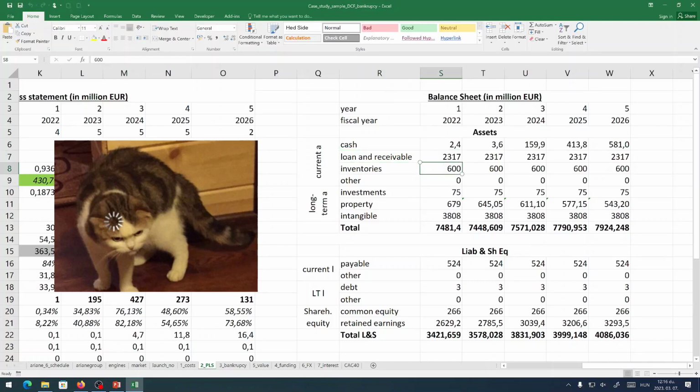So inventories, also we have no idea what this is. Usually when we are doing any kind of valuation, if we don't have any kind of field or corporate level assessment, where we can visit the company and check what is actually inside inventories, we can just see these raw numbers.